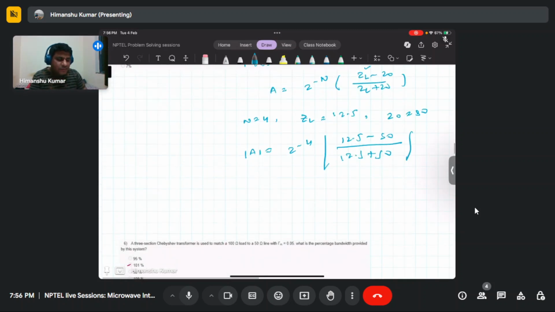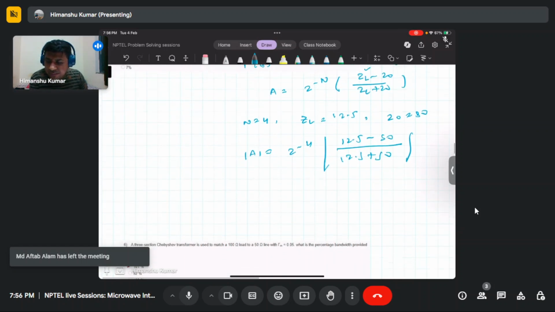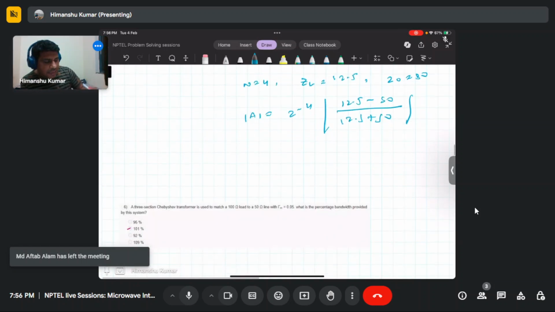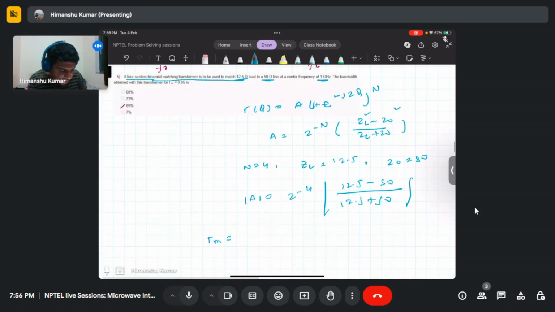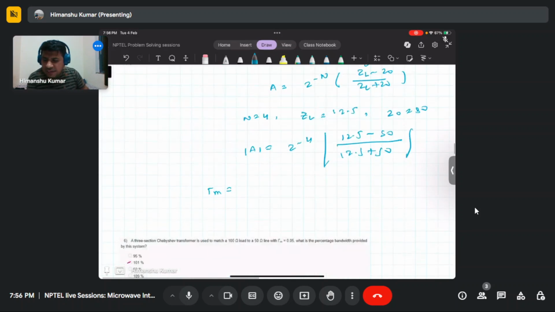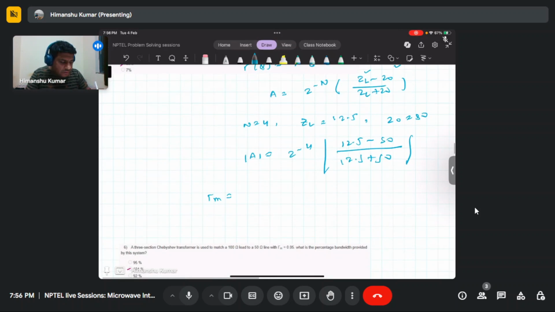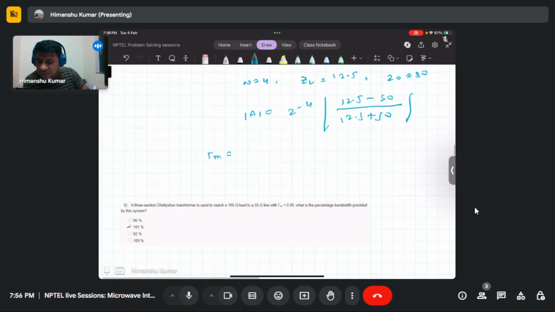So with this you can calculate mod of A, and gamma m is given in the problem. Then gamma m for the binomial line is 2 to the power n mod of A cos of n theta m.